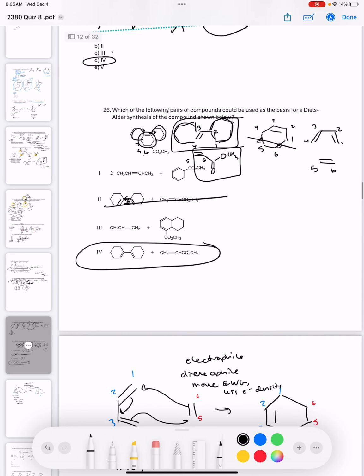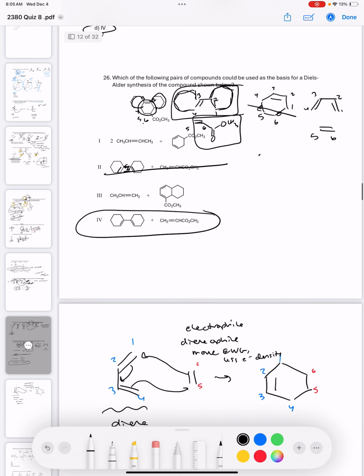If you want to challenge yourself and go a step further, you can have this CO2CH3 and test yourself and see what they would make. So like this one, this is 1, 2, 3, 4, and then this is 5 and 6.